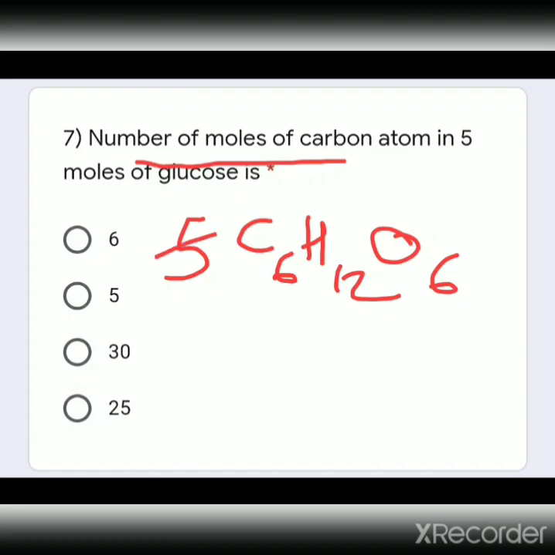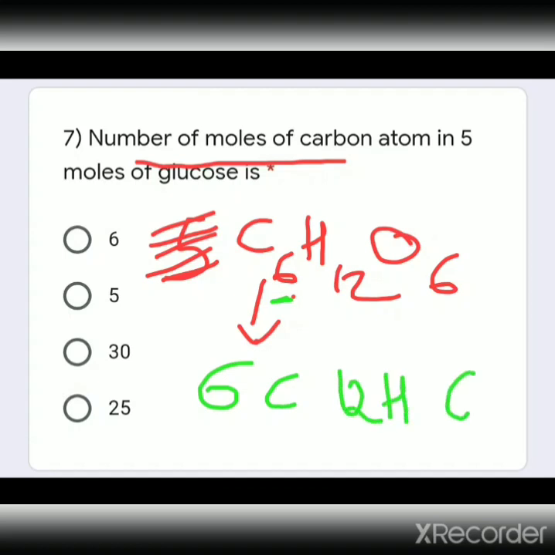So let us first discuss for 1 mole of glucose. In 1 mole of glucose, as in the formula, you can see that there are 6 carbon atoms. So what we can say is that there are 6 moles of carbon atoms, 12 moles of hydrogen and 6 moles of oxygen. That is in the case of 1 mole of this.